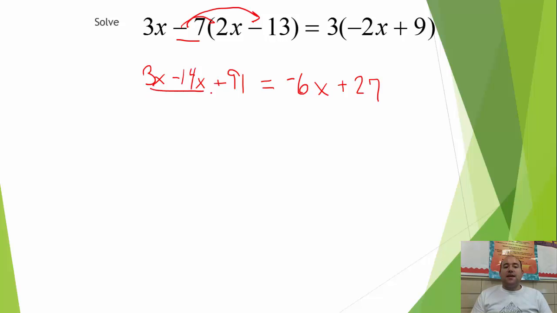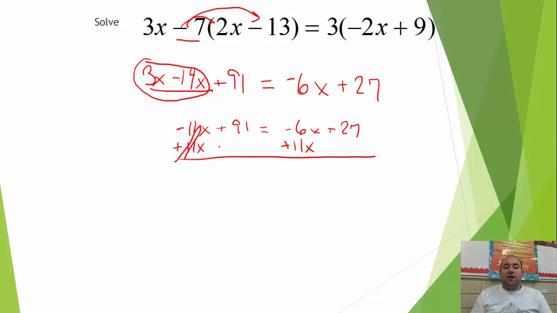Okay? Next step I'm going to do is I'm going to combine my like terms. See this 3x and this negative 14x? I want to make it just one term with an x. So negative 11x plus 91 equals negative 6x plus 27. Okay, I've got x's on both sides. I need it to be just on one side. So I add 11x to both sides.